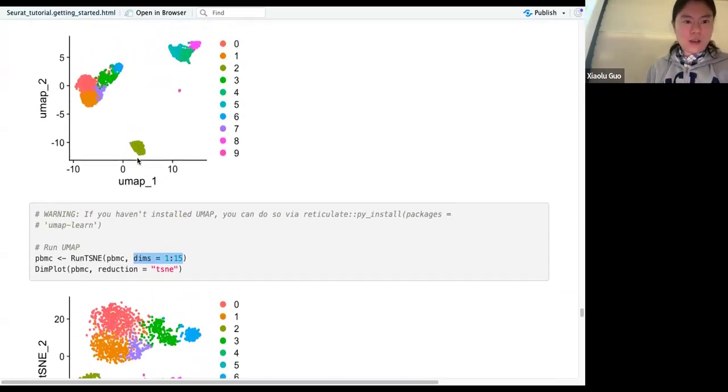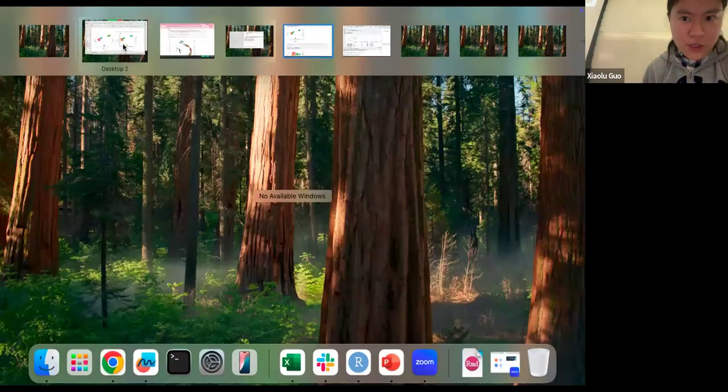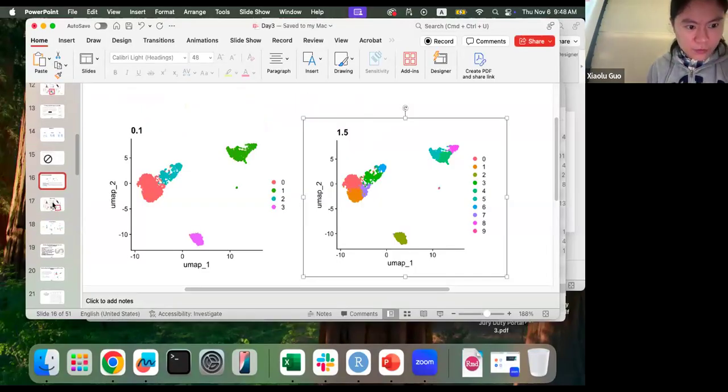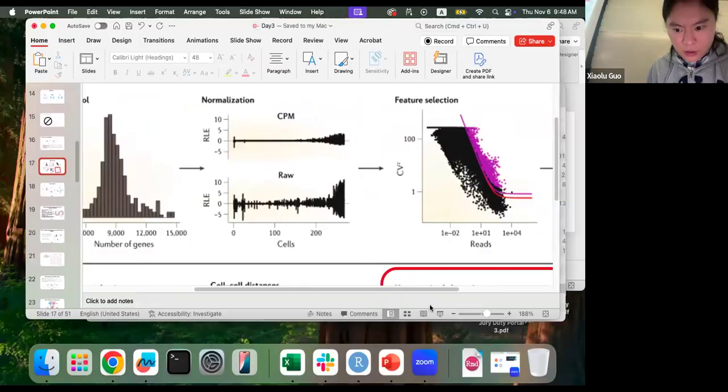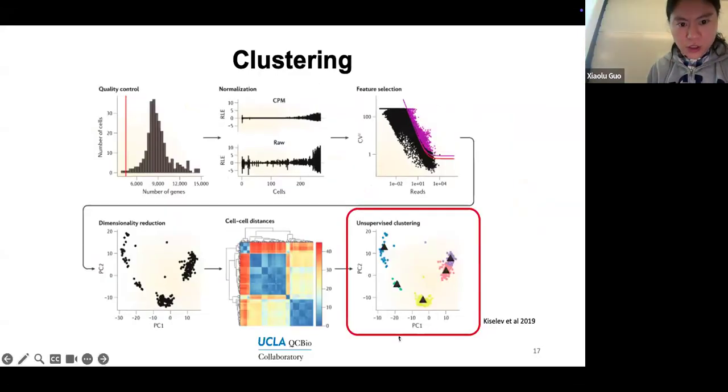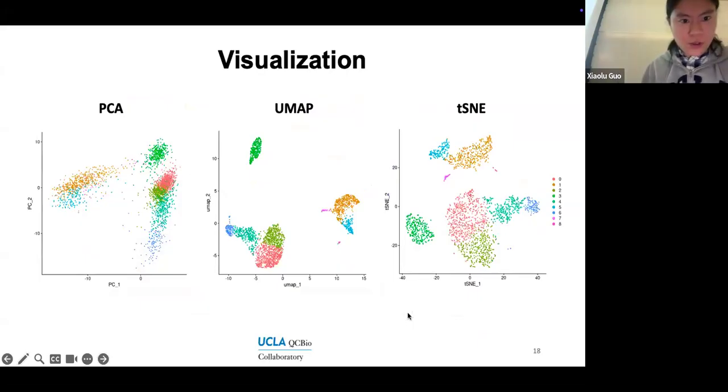Let's go back to the slides. So we do the clustering, and after we cluster, we can visualize these clusters in different ways. We can visualize them in PC space, and you can see that they are not very well separated for this data set.